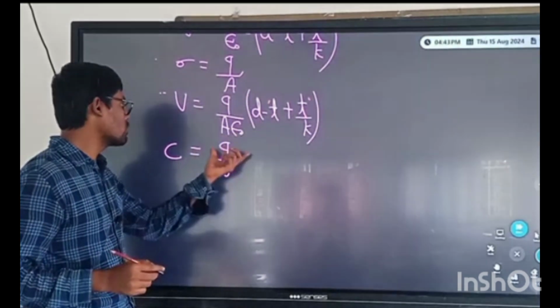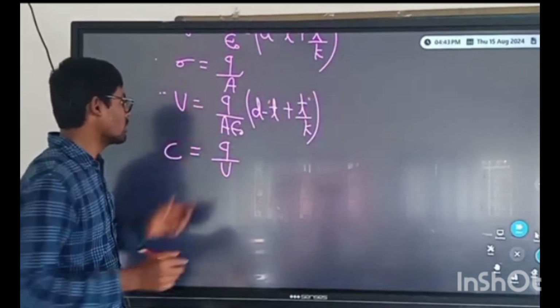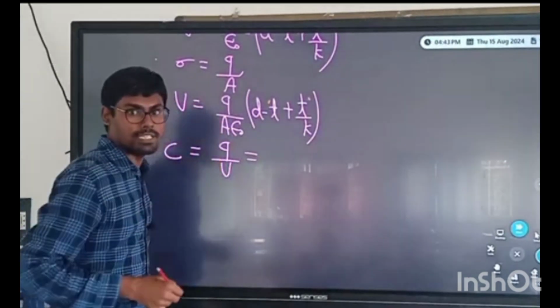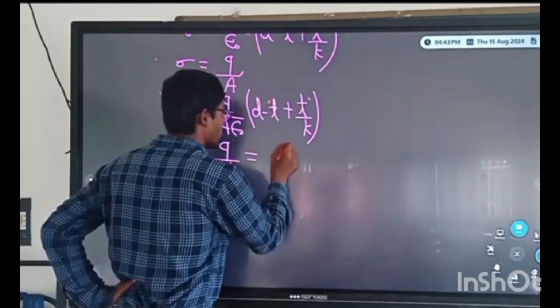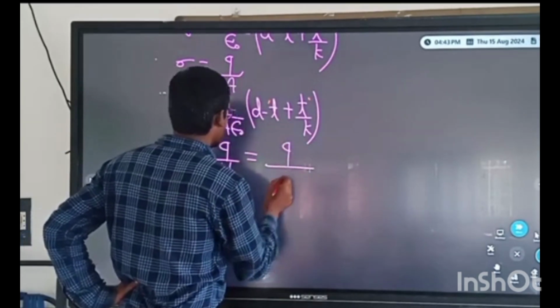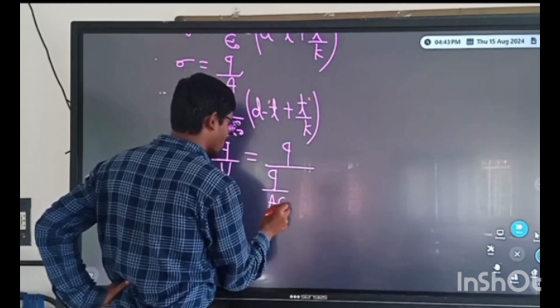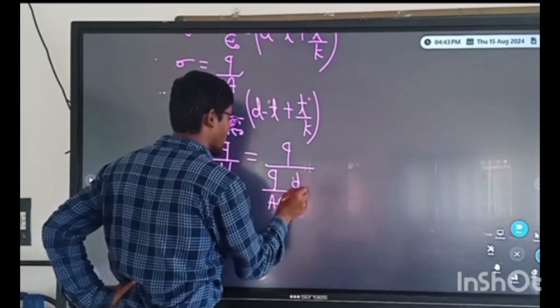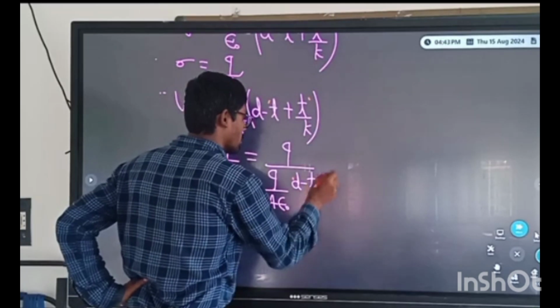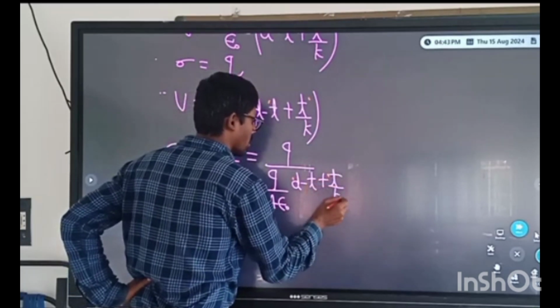You substitute the value of potential: V is Q divided by A epsilon naught times (D minus T plus T by K).